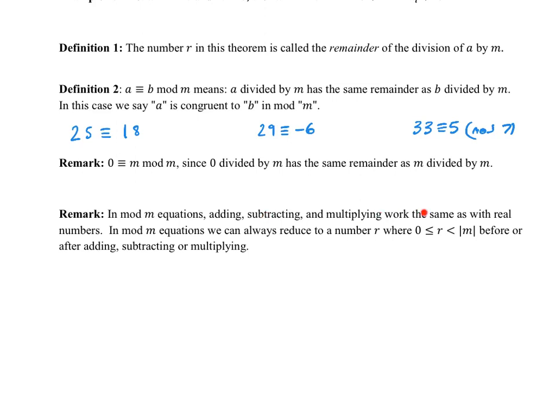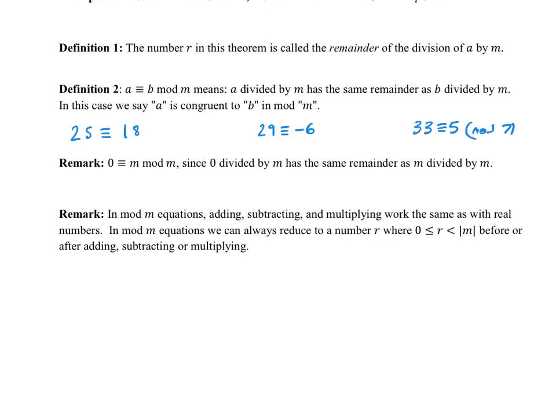Well, you can do this the same as you do with regular numbers, but it's probably much better to reduce first before you do the operation. You could do it either way, before or after, but why not make the number smaller first? Like if we were going to deal with 33 with multiplying, adding, or subtracting, particularly multiplying, it would be a lot nicer to just multiply 5 as opposed to multiply 33.